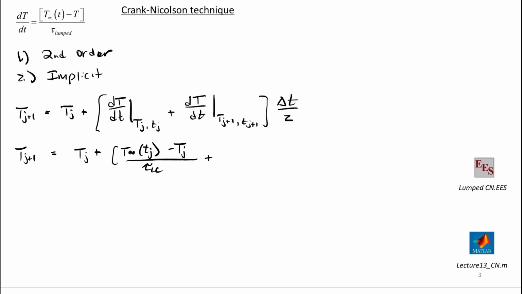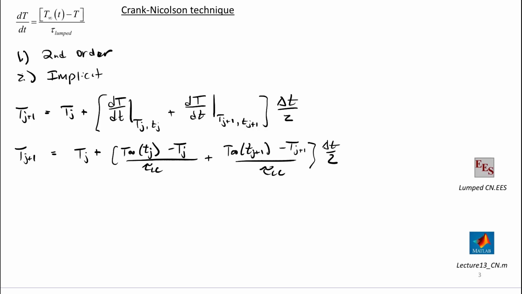So that's our first derivative evaluated at the current time step. And then we have our second derivative, which is T infinity now at time j plus 1 minus temperature at j plus 1 over tau LC, times delta t over 2. Okay.